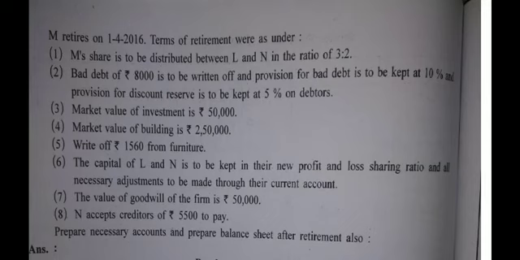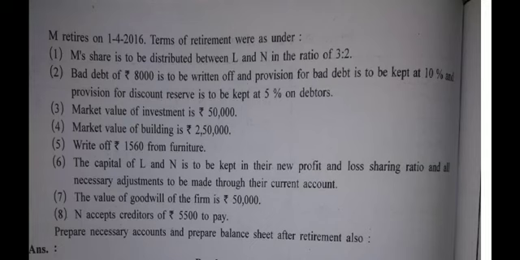Now out of 3 partners, one is going to retire. So his share of profit will be given to the remaining partners, that is L and N in this sum. They have clearly said that it is to be given in the ratio of 3:2. This itself is the gaining ratio.